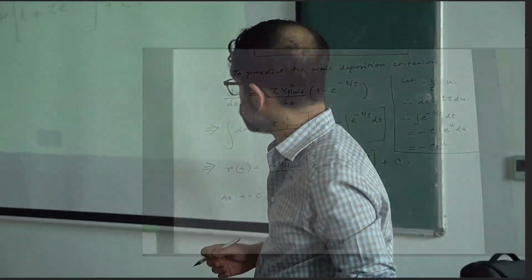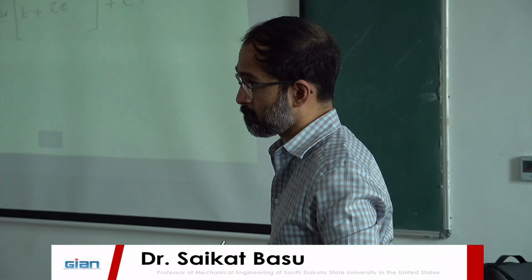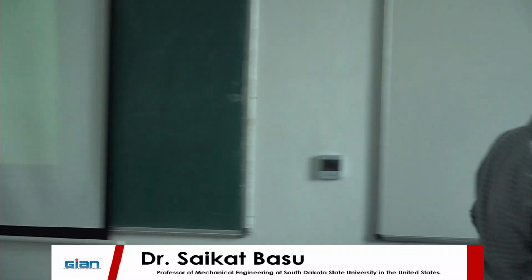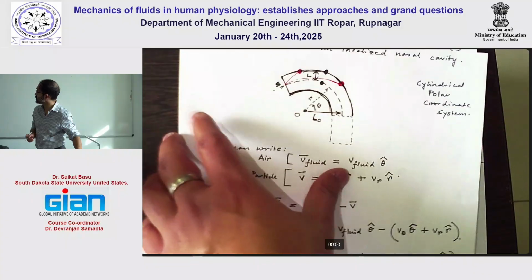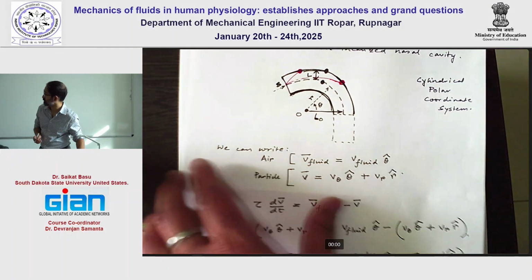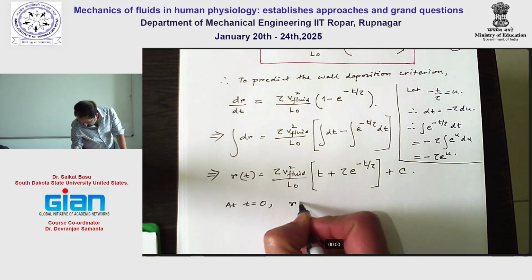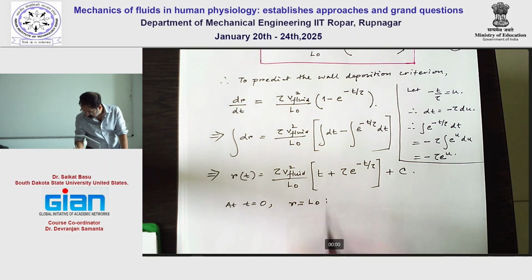So what is the initial position, or what is r at t equal to 0? Yes, so we had assumed the distance from the center to be L naught, so at t equal to 0, it is L naught, correct. So at t equal to 0, we have r as L naught.